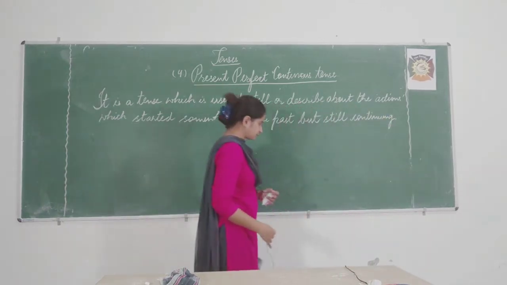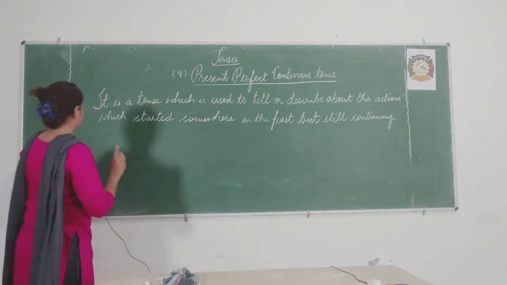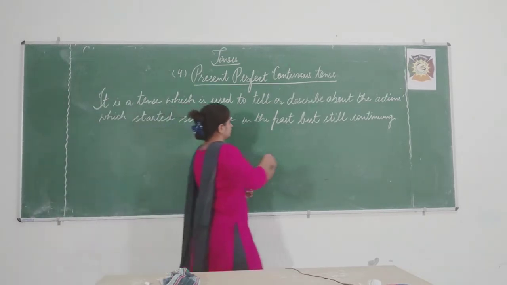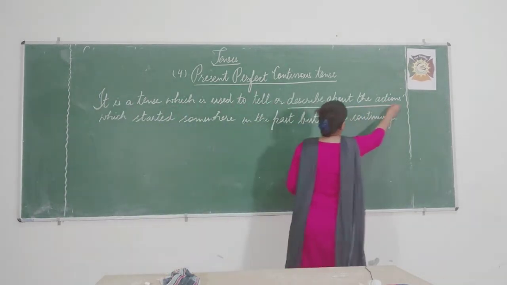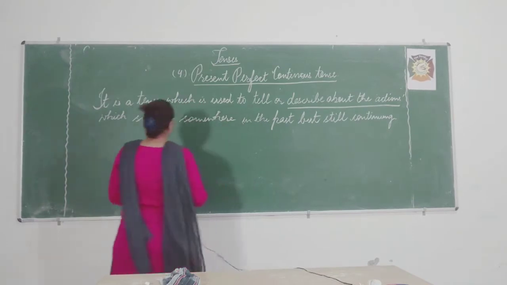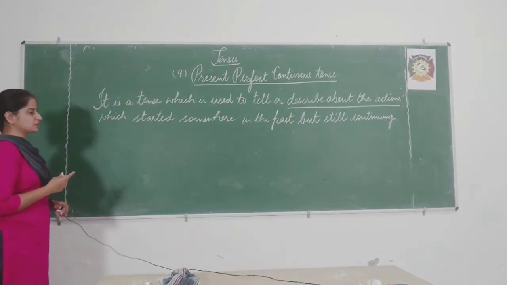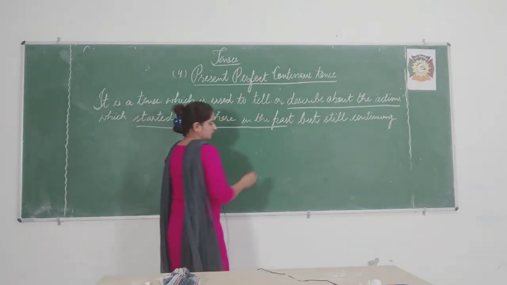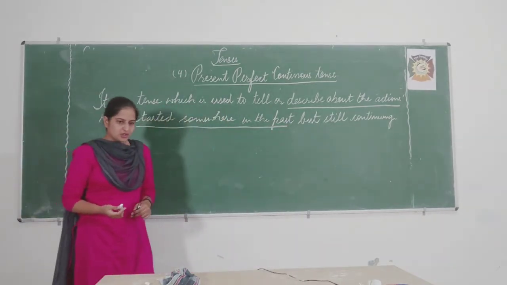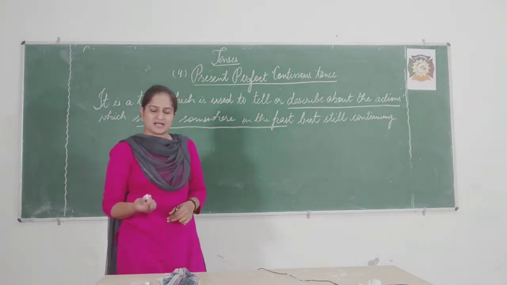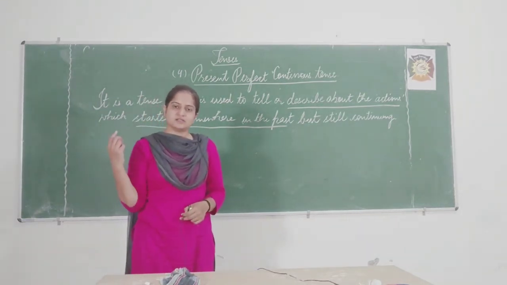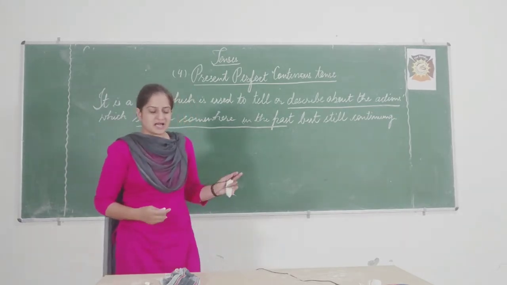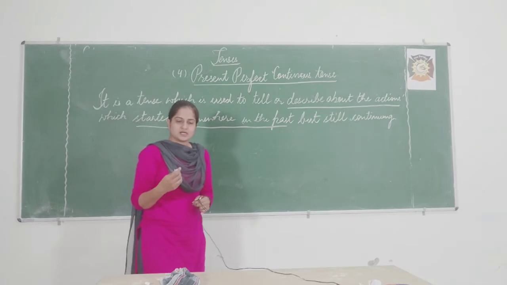Now see, this line bears two major parts. First, it is a tense which is used to tell or describe about the actions which started somewhere in the past, but they are still continuing.